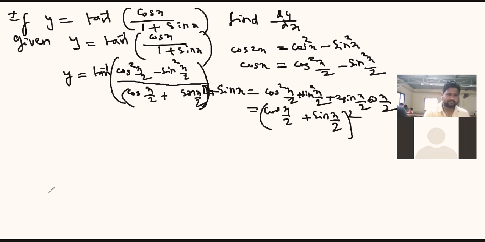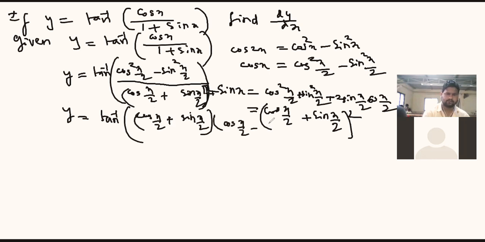Now we solve it. That is y equal to tan inverse of cos square x by 2 minus sin square x by 2, which can be written using a square minus b square, that is a plus b into a minus b: cos x by 2 plus sin x by 2 into cos x by 2 minus sin x by 2, whole divided by cos x by 2 plus sin x by 2 bracket square.